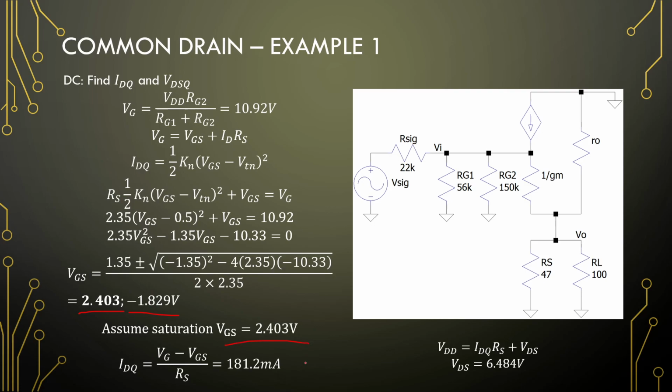Okay, so we have a VGS of 2.4 volts, calculating the drain current 181.2 milliamps. I actually know this: you can calculate this drain current in two methods.